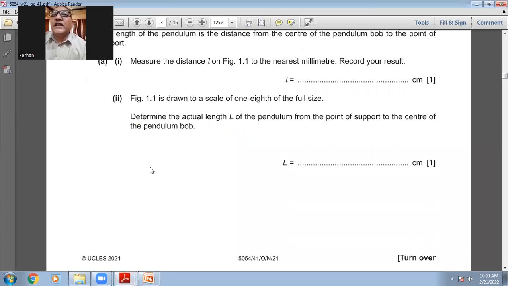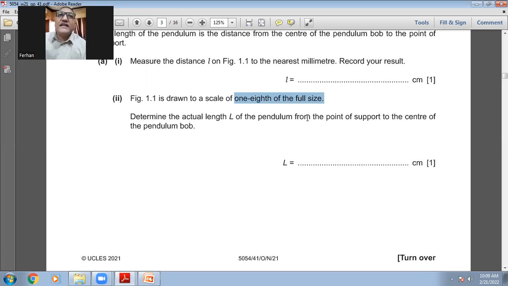The next thing they are asking is that figure 1.1 is drawn to a scale of 1/8. 1/8 means that on the paper, the length which is 1 centimeter, in actual is 8 centimeter. The scale is 1/8 of a full size.